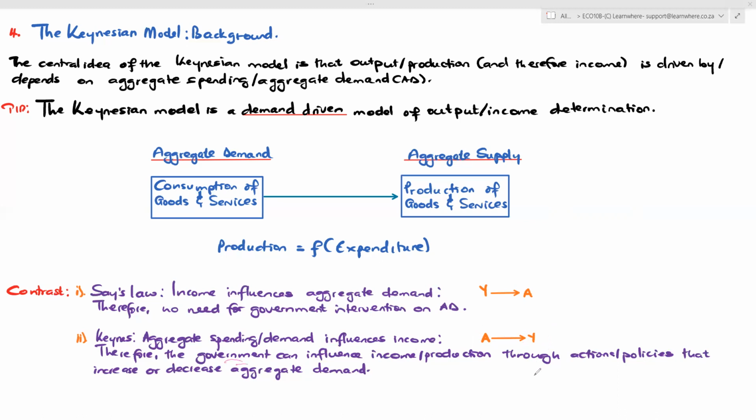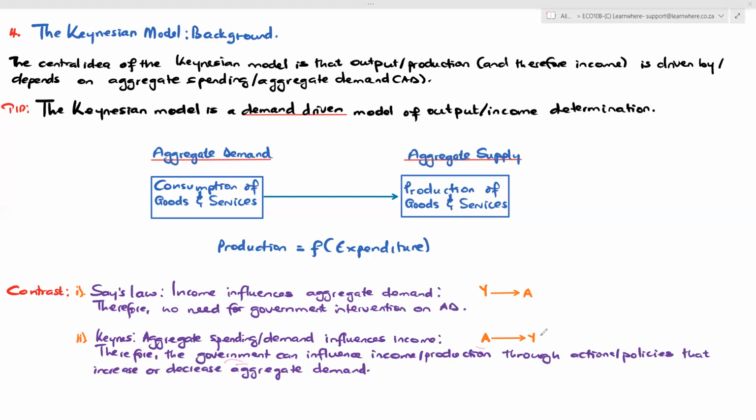If you really do not like government intervention in the economy, we're going to discuss how the government can intervene in the economy to influence aggregate demand, which is also going to lead to an increase in aggregate production or income. But for now, this is the model which really proposes government intervention in the economy.